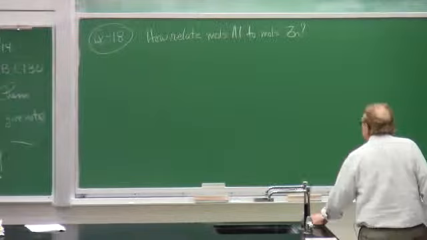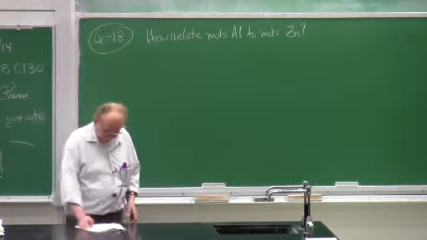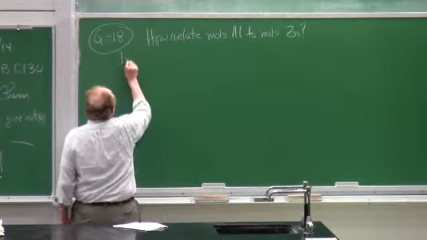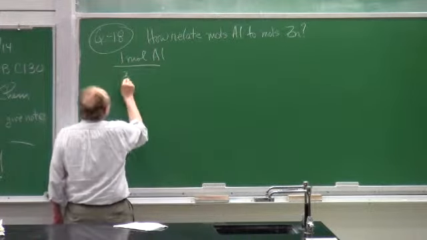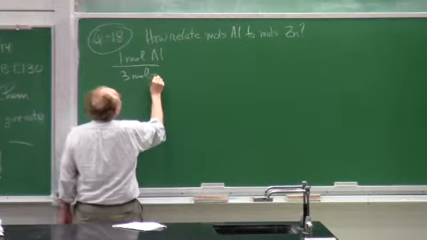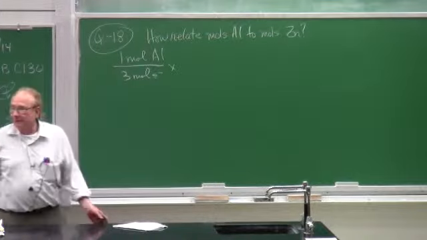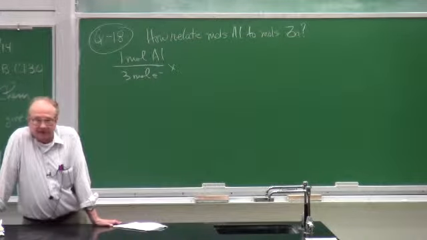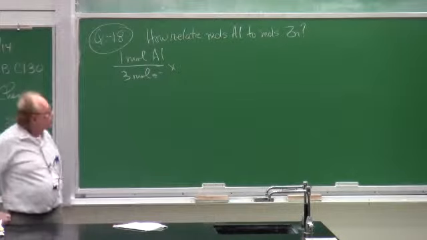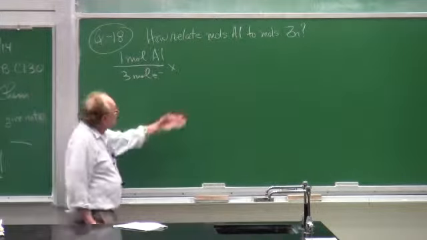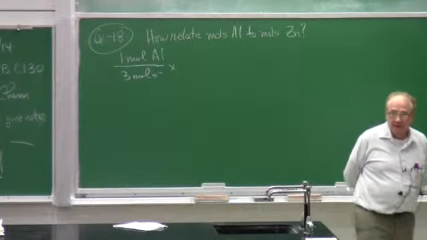So we'll write down this to start constructing the setup. Why do I write this factor first? Am I not trying to find out how many moles of aluminum are required to build this battery?